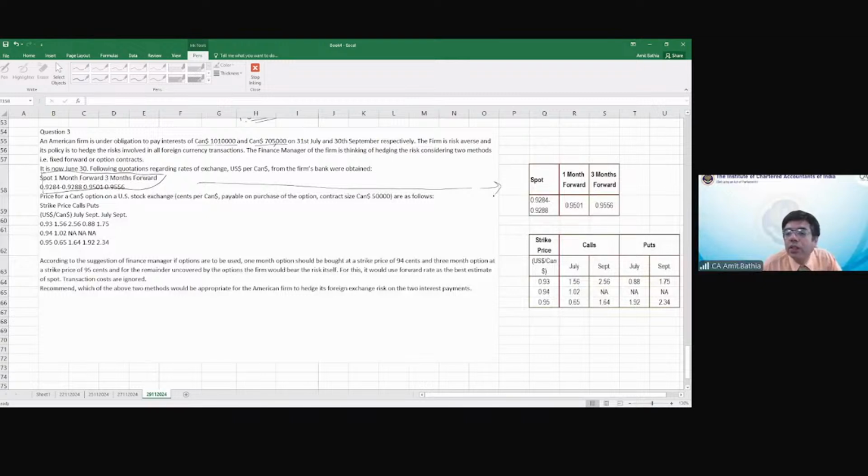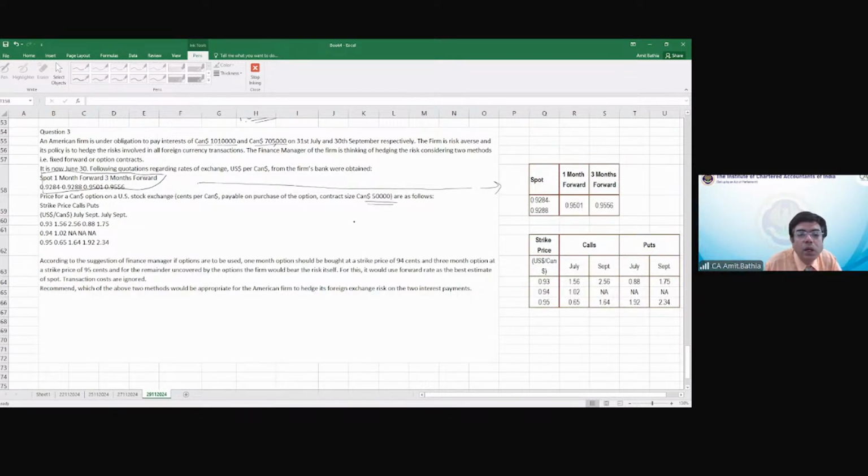So spot rate is 0.9284, 0.9288, 1 month forward is 0.9501 and 3 months forward is 0.9556. Price for a Canadian dollar option on a US stock exchange, in cents per Canadian dollar payable on purchase of the option, contract size Canadian dollar 50,000, are as follows.